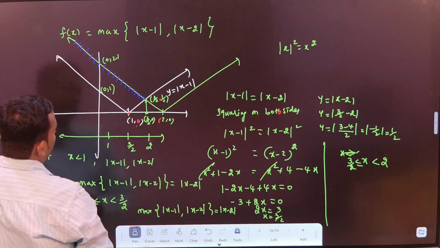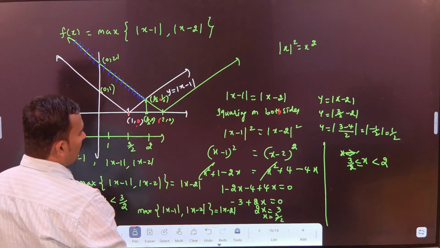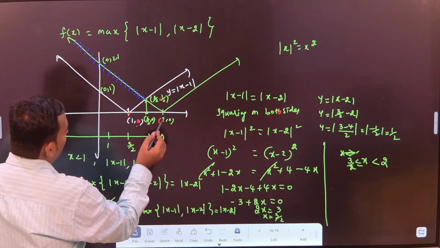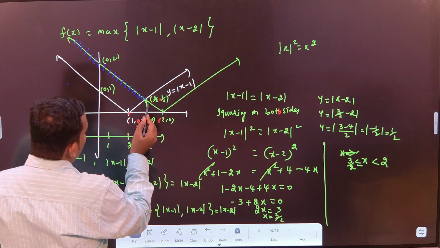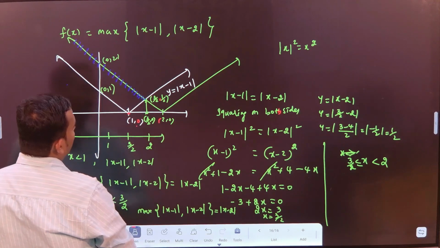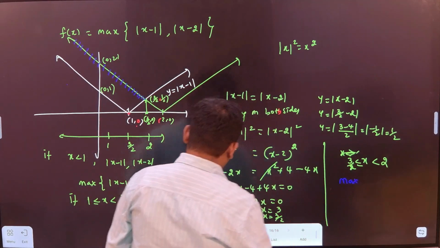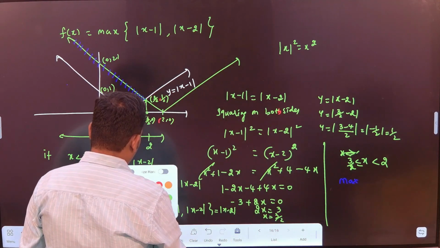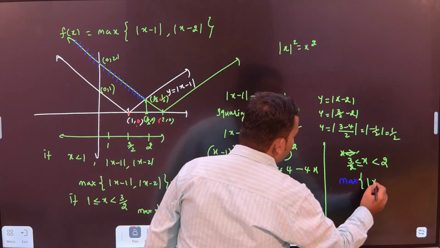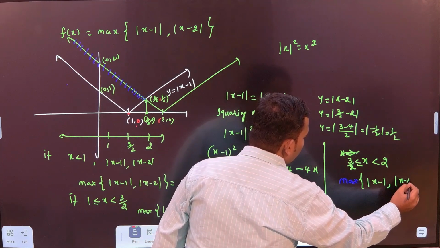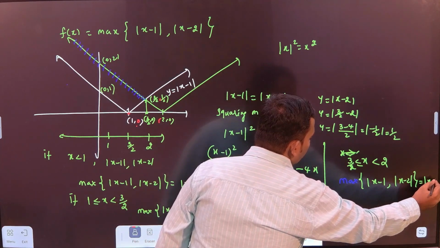Then 1 to 3 by 2 also, the maximum will be that one only. And for 3 by 2, you can see this graph and this graph, the maximum will be mod x minus 1. The maximum of mod x minus 1 and mod x minus 2 is mod x minus 1, right?